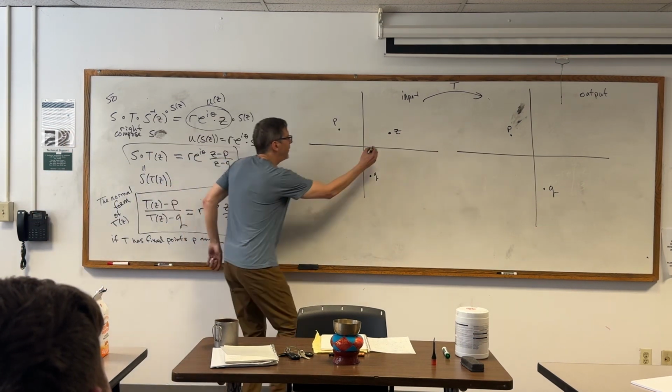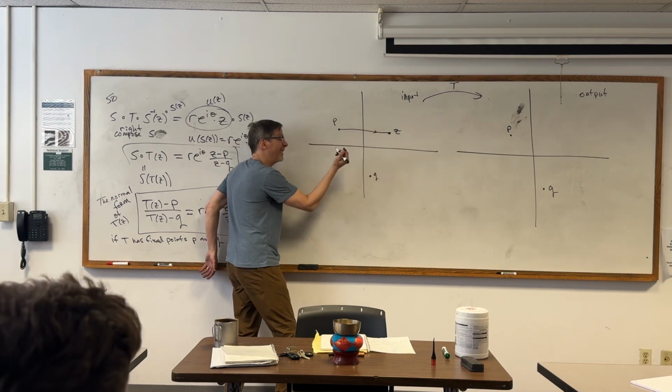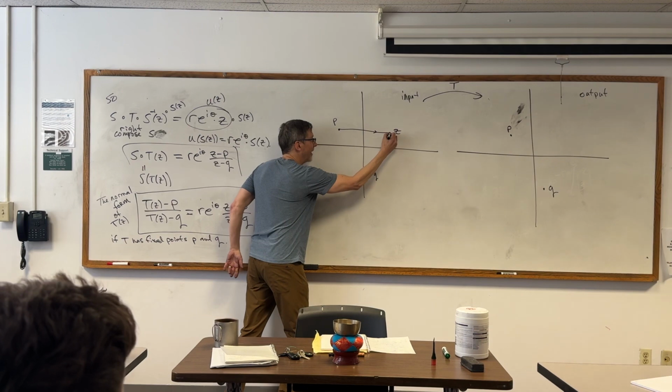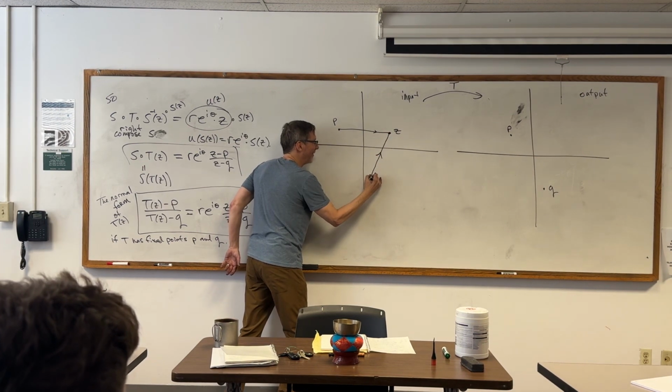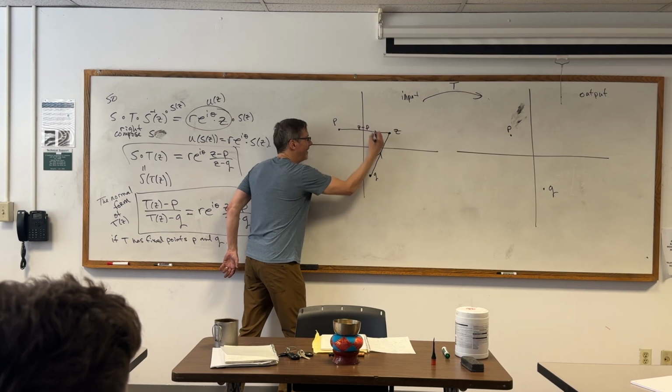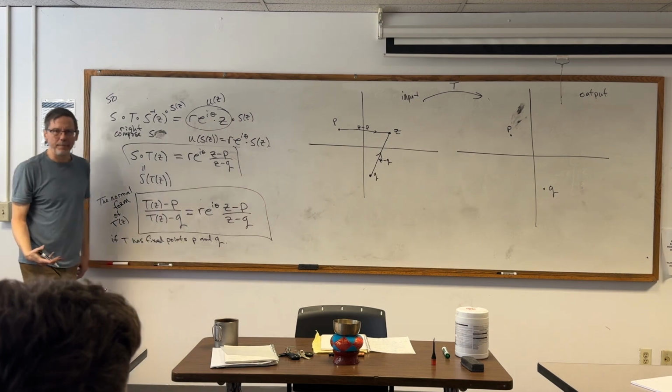So here's Z minus P. You can think of it as maybe that vector, like that. And I thought about this a long time and it didn't come easy. So this is Z minus P, and then this is Z minus Q, kind of just viewing them as vectors.